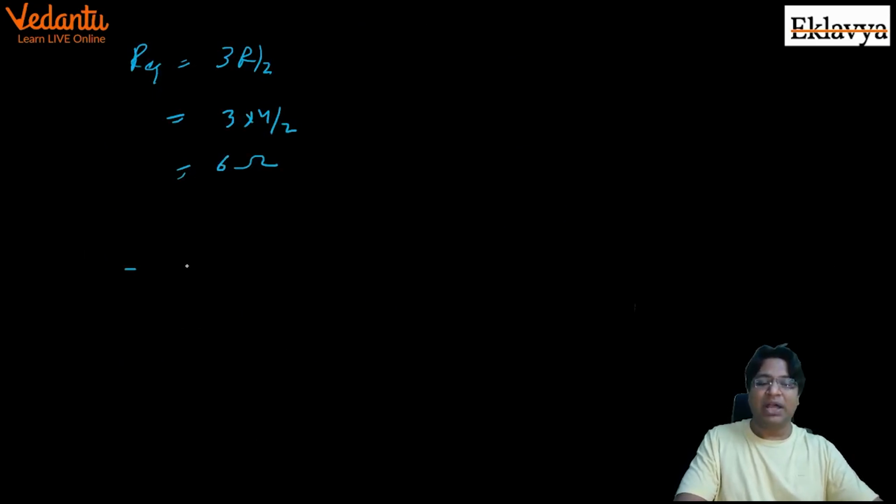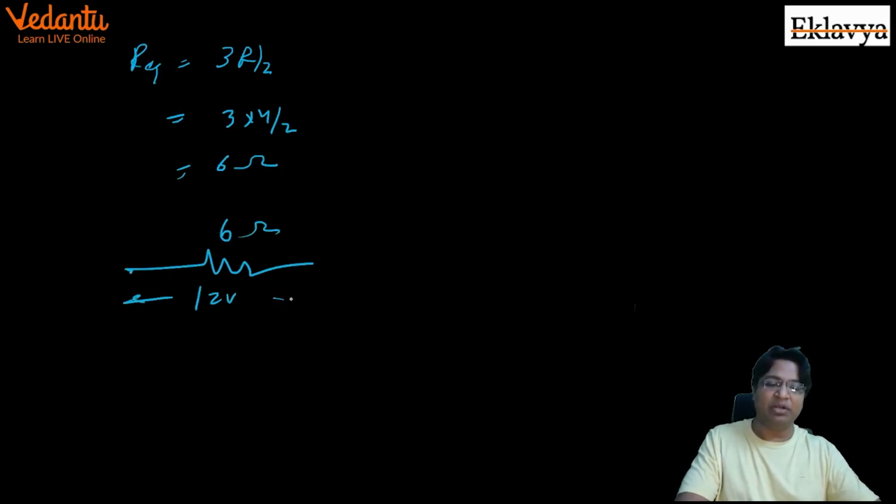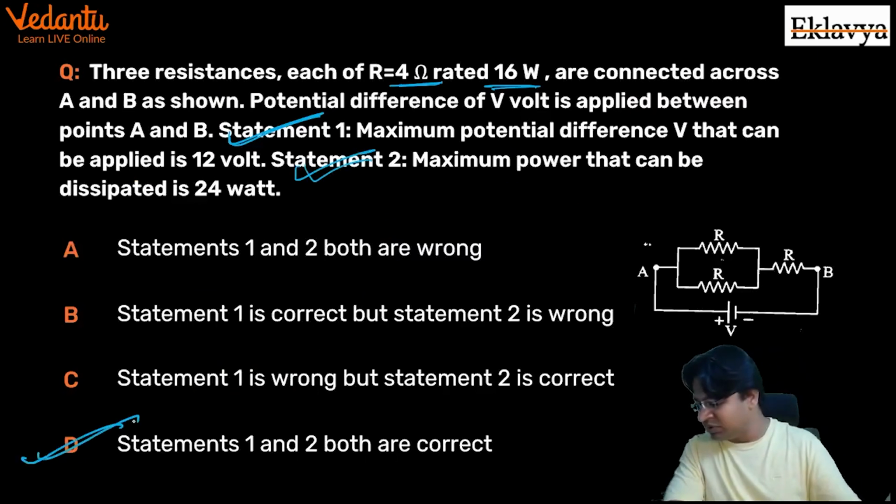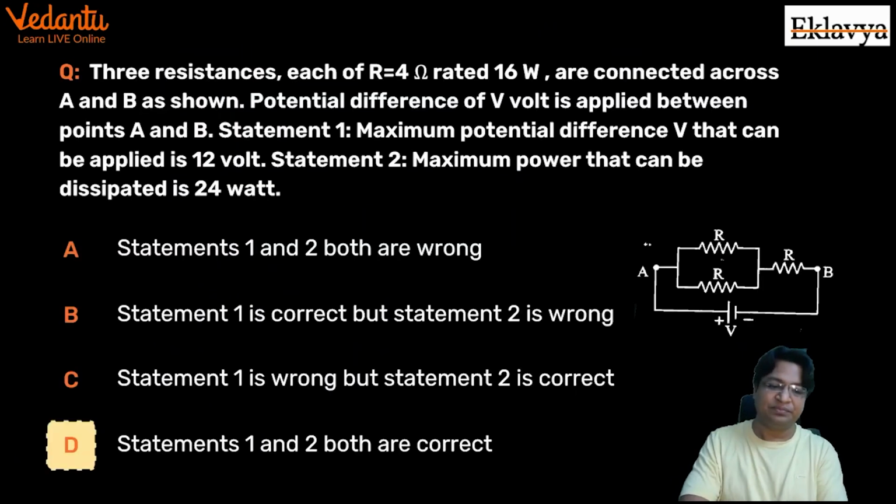So the entire combination is behaving as a 6 ohm resistance and we have applied 12 volt across it. So the power that will be dissipated would be V square by R, so that would be 24 watt. So statement 2 is also correct. So both statements are correct. So option D would be the right option here.